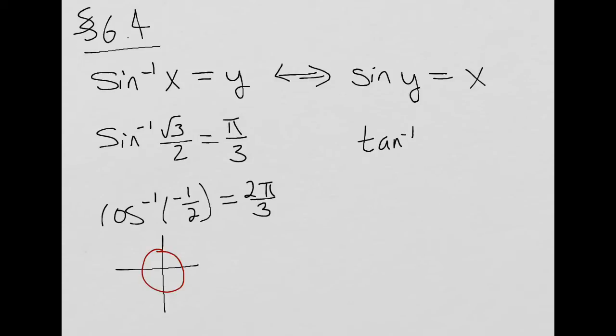And you could do this with the tangent as well. Tan inverse of 1. It's really asking, for what value are the sine and cosine equal to the same thing?